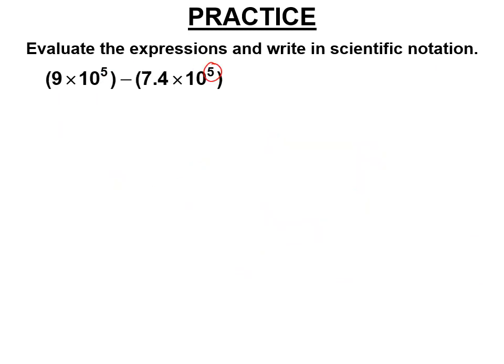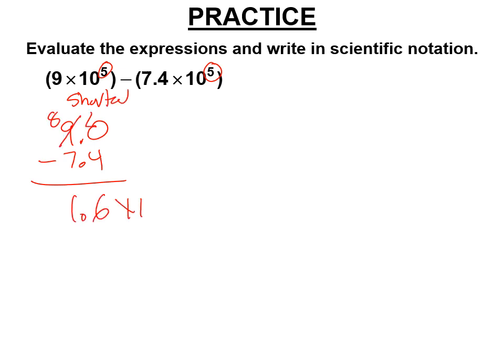Right, so the exponents are the same, so this avails you with this. But now you have to make sure you do this. So there's the shortcut, and you're going to borrow, and you get 1.6 times 10 to the 5th. You keep the exponent. The regular way, move it 5 times, you're going to get 5 zeros here. 3, 4, 5, that's 900,000. Move that 5 times, you're going to get 4 zeros.